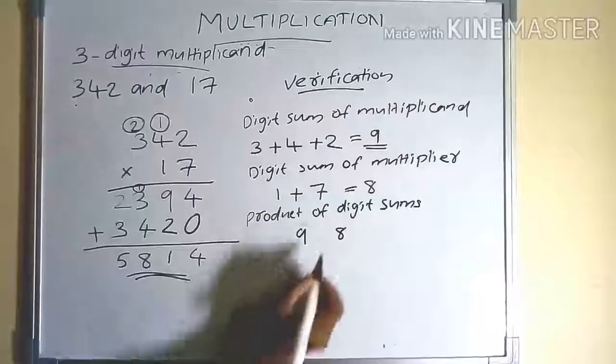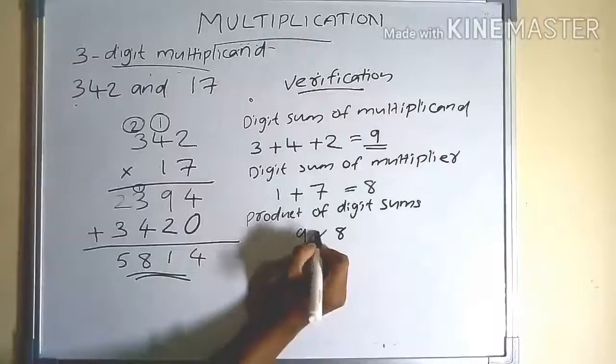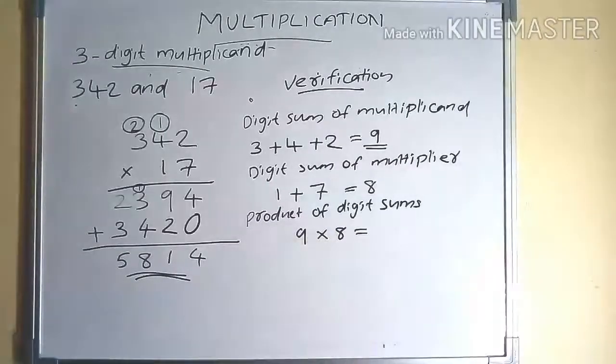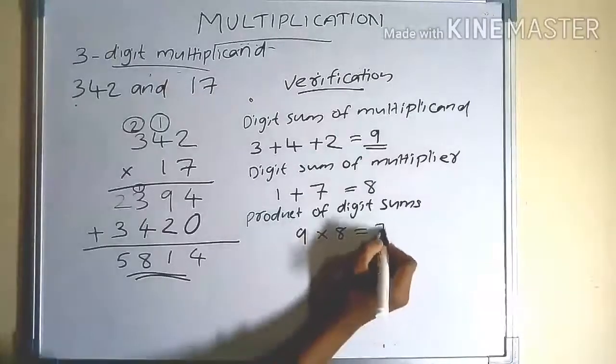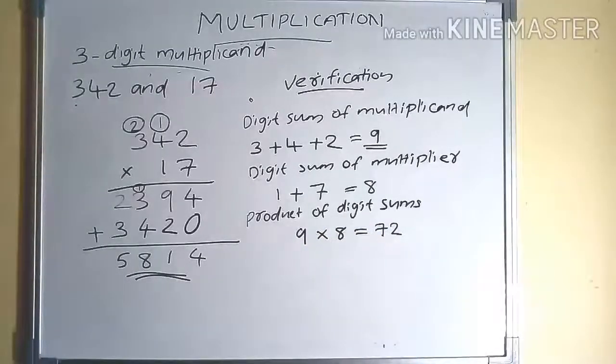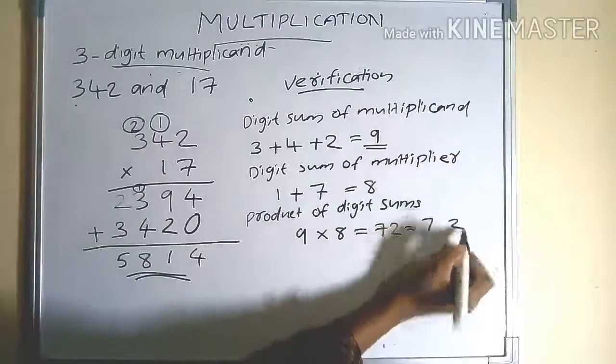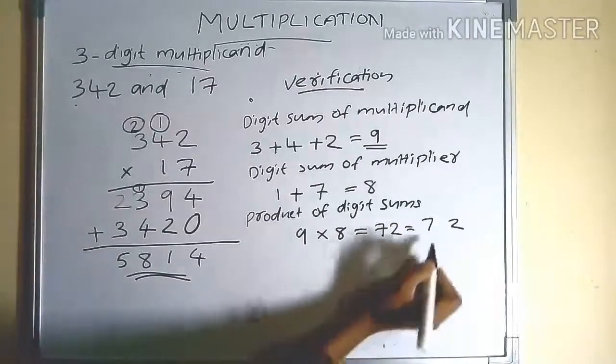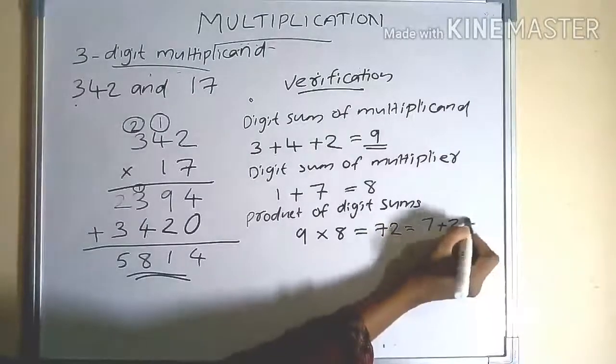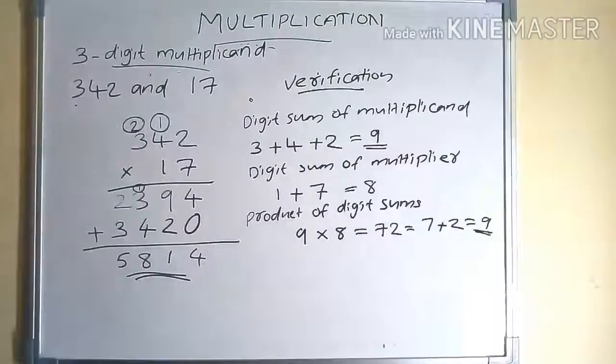Product of these sums is 9 into 8 is equal to, what is the answer? 9 into 8? 72. 72 is a two-digit number. So, split 72 as 7 and 2. Next add 7 plus 2. What is the answer? 9. 9 is a single digit.